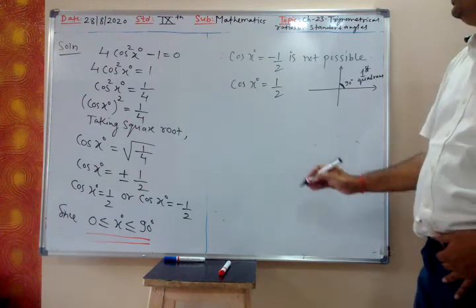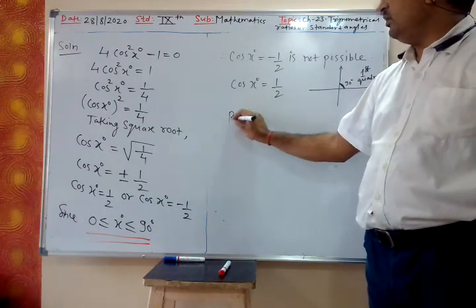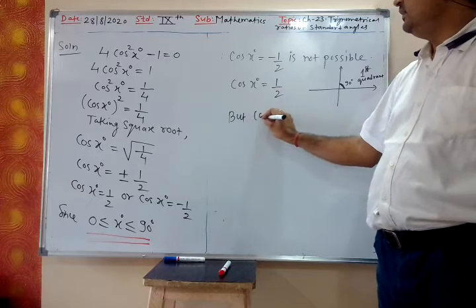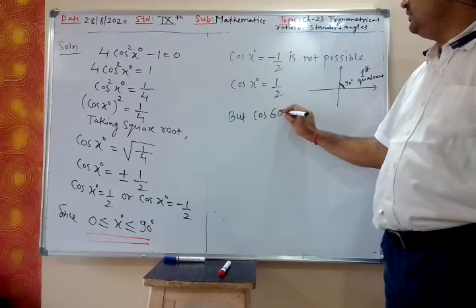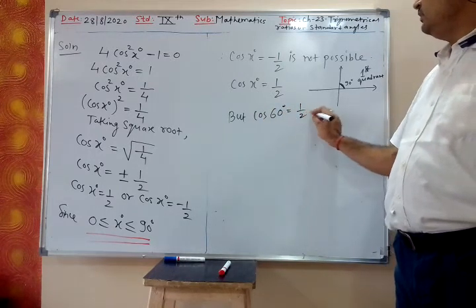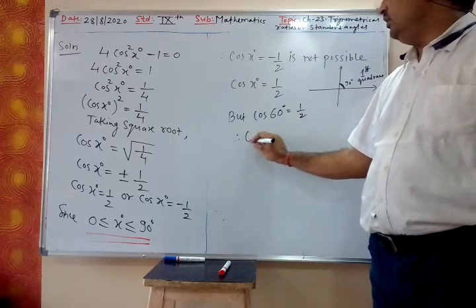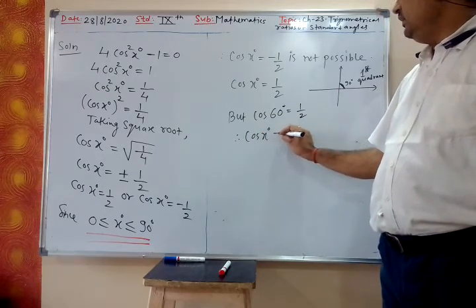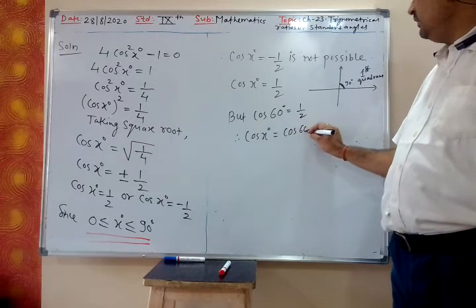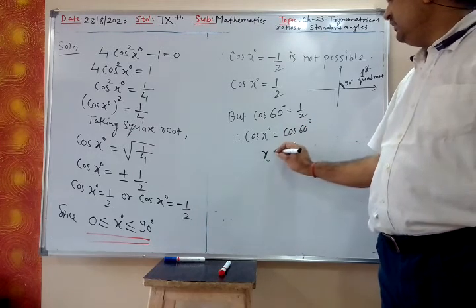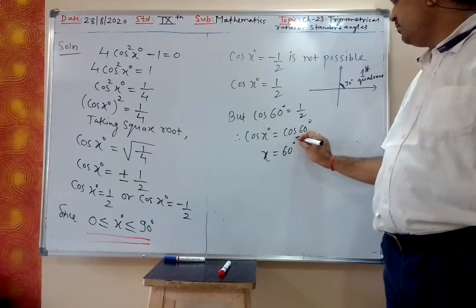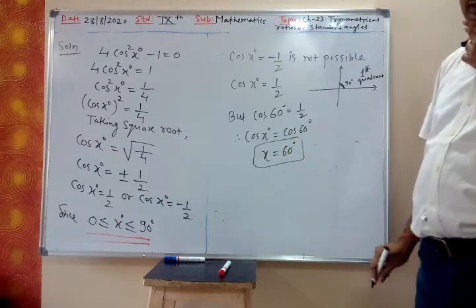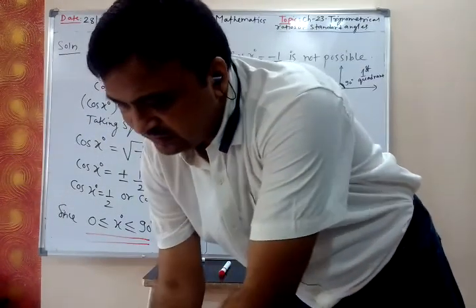So cos x degree is half, but cos of which angle is half? Cos 60 degree is half. So cos x degree is equal to cos 60 degree, so x is equal to 60 degree.